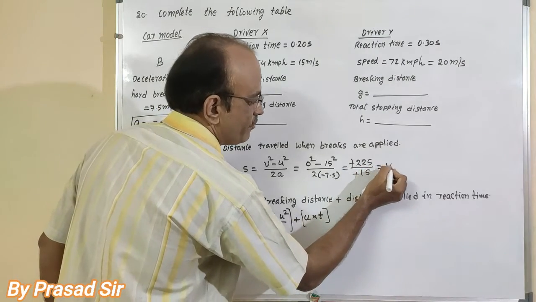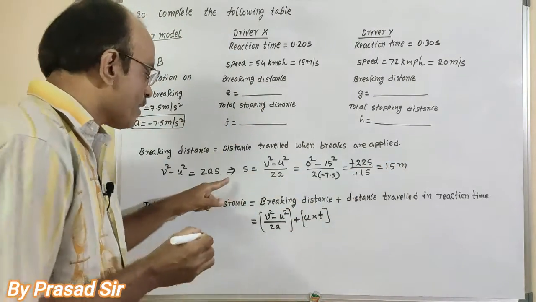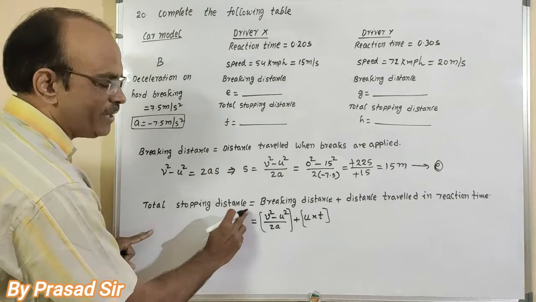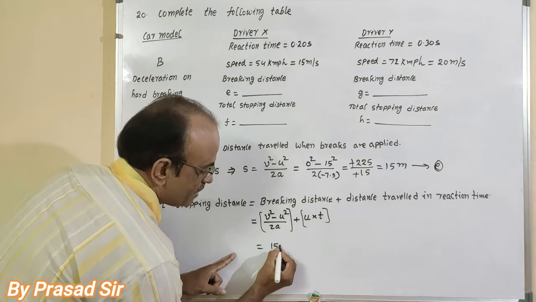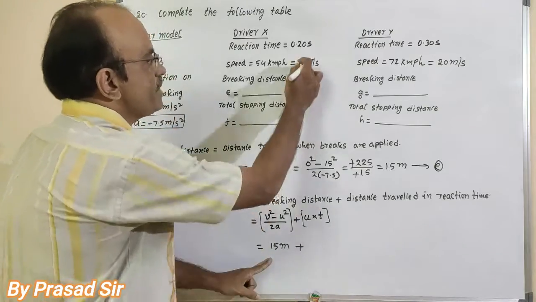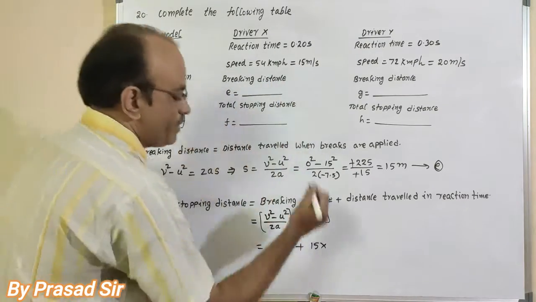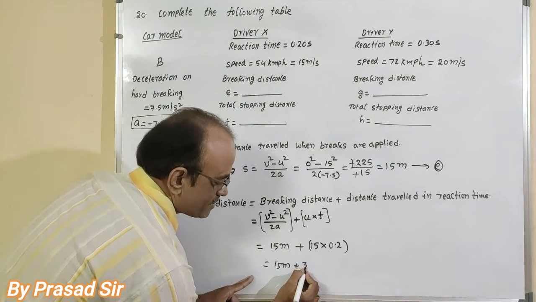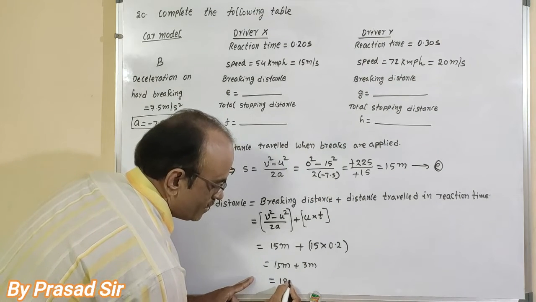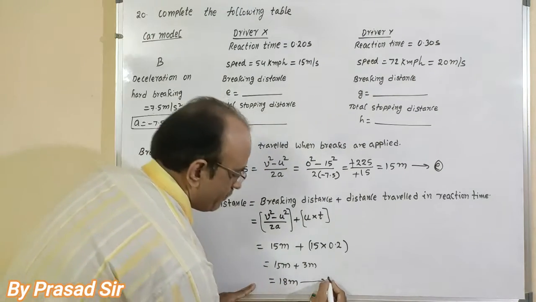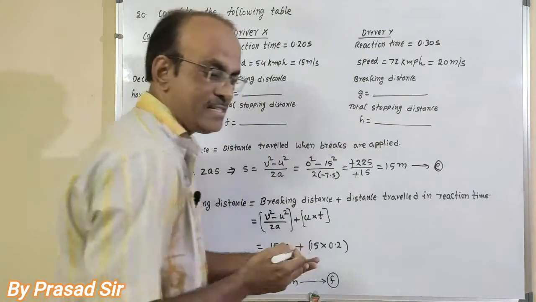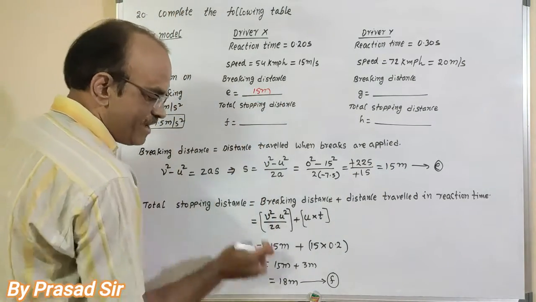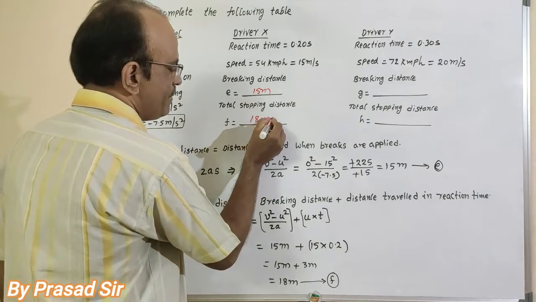Minus minus plus, 15 15s are 225, that is 15 meters, the option for E. And here total stopping distance: we already calculated 15 meters plus U, 15 into reaction time 0.2, on multiplication 3 meters. So 15 meters plus 3 meters is equal to 18 meters. This one is F and that is E. We got E value 15 meters and F value 18 meters.